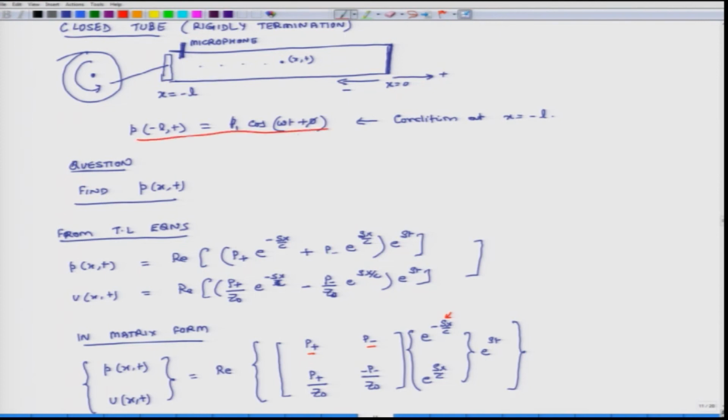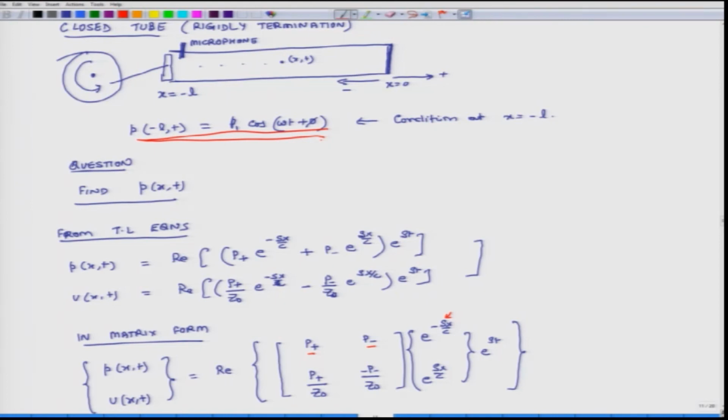So, what is the condition? That pressure at minus L is defined by this equation. That is one condition we know at the first boundary of this system at x is equal to minus L. The other condition we know is that at the other end there is a closed end of the tube. So, we will use both these conditions, and these are known as boundary conditions.